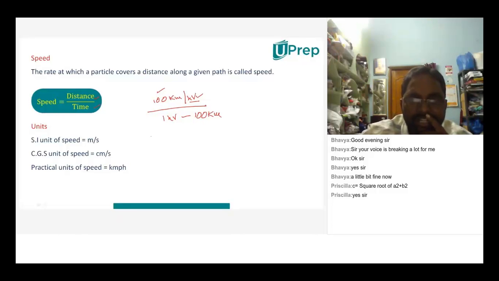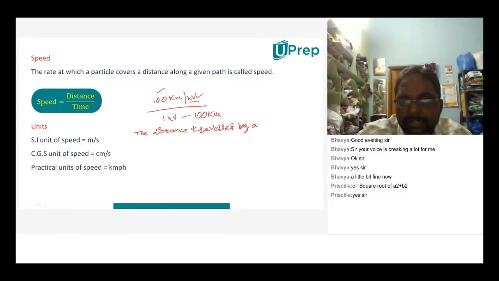And apart from the definition in your slide, you can define it like this: the distance traveled by an object in a unit time.